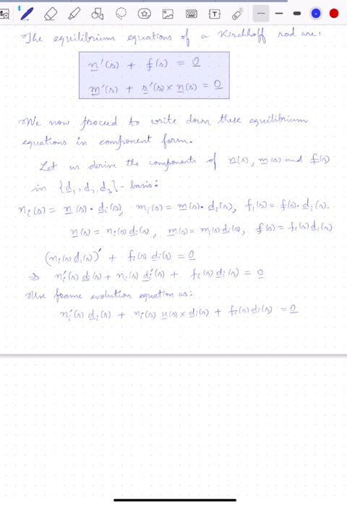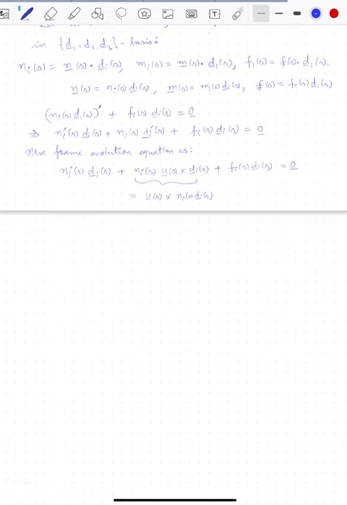Now furthermore, with this term we can still write it as u vector of S cross Ni of S Di of S. Now take the dot product with Dj of S.